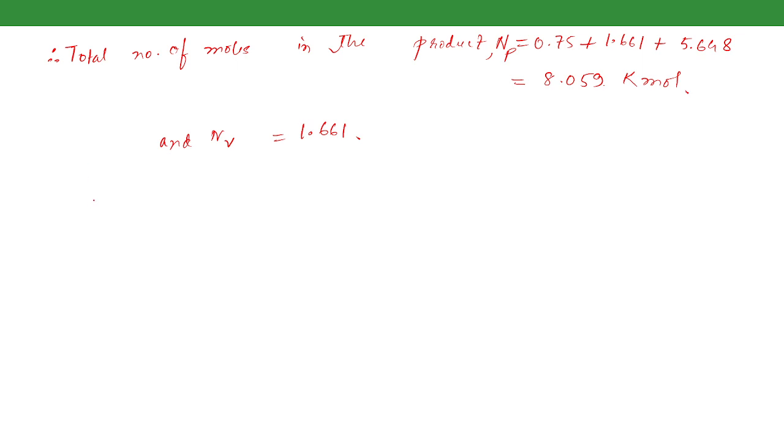Okay, therefore again considering both vapor and the gases as ideal gases, PV by P total is equal to NV by N product. This implies the partial pressure will be 1.661 by 8.059 multiplied by 101.325.